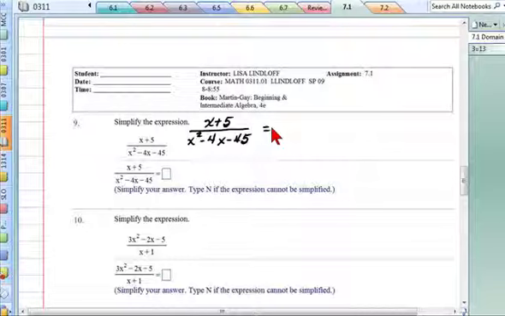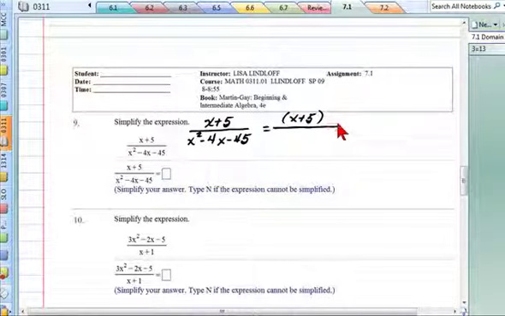Can you factor the numerator? No. So just put it in parentheses. That will remind you that it is a binomial and must either be left as a group or divided out as a group. Now this denominator is a trinomial. There's no common factor. So here I go with trial and error.